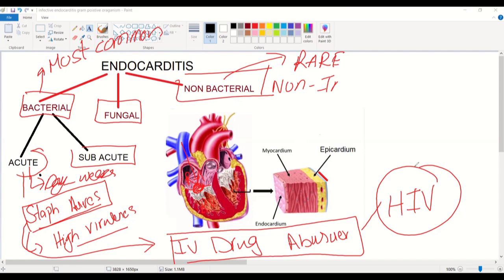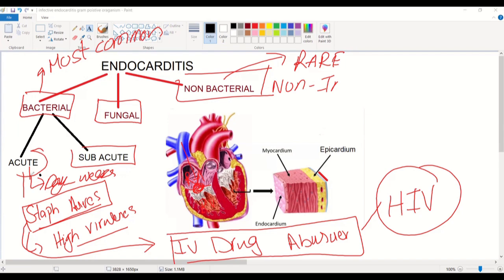Okay, so the tricuspid valve is affected. It will increase the risk of systemic emboli or pulmonary emboli? Pulmonary. Yes, it will increase the risk of pulmonary emboli, right? Does it make some sense?